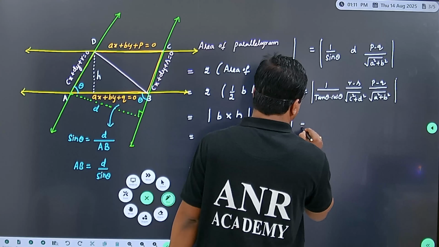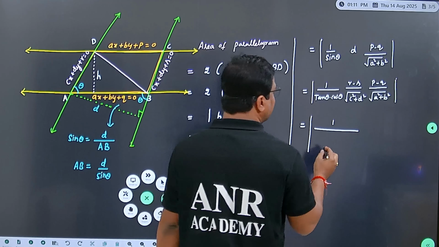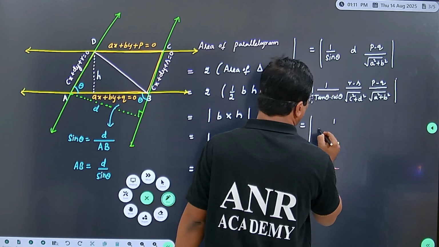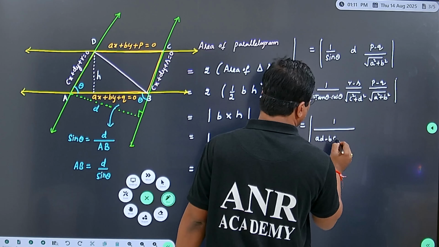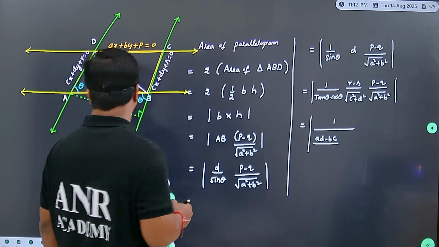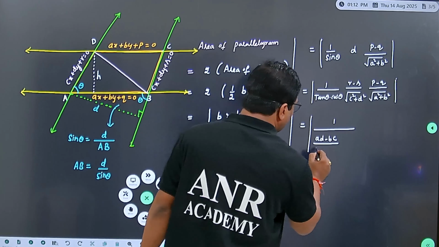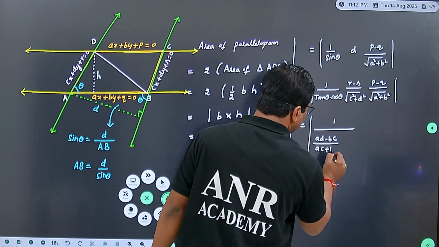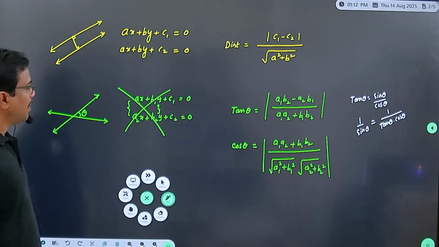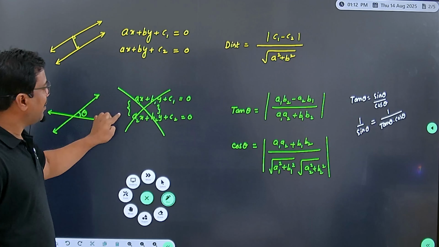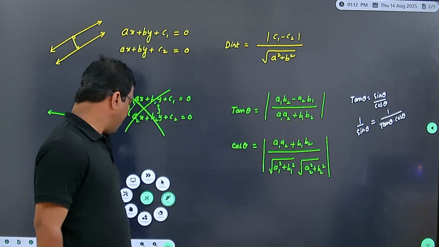So in the next step, I am going to write first the tangent angle result: 1 divided by the tangent result, here ad minus bc divided by a into c plus b into d. Next, you need to write the cosine angle. Cosine angle formula: a1 a2 plus b1 b2, the tan theta denominator equals the cos theta numerator.